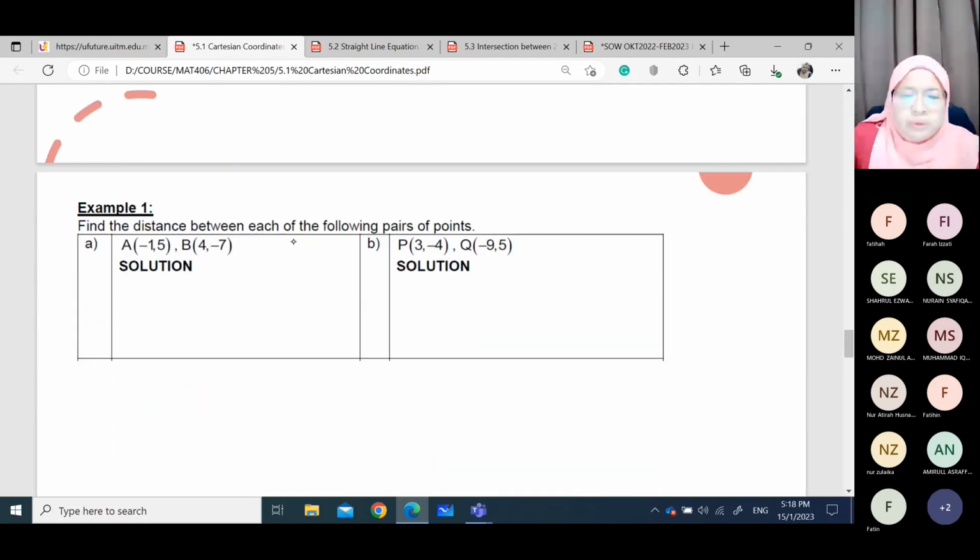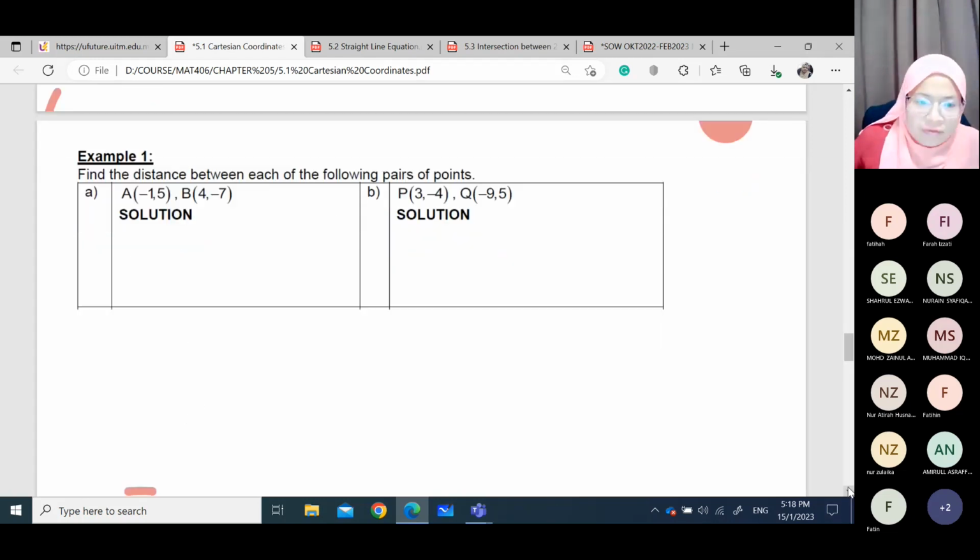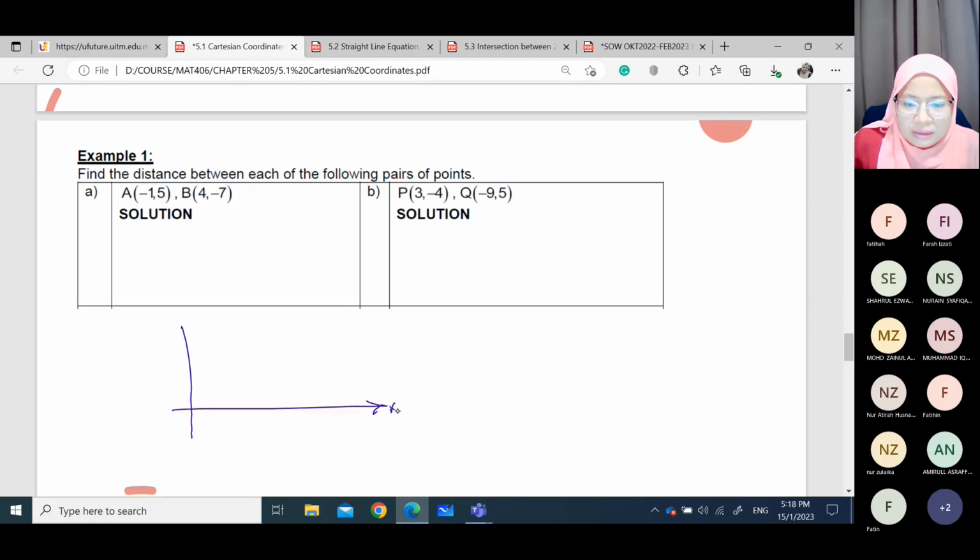Alright, so find the distance between each of the following pairs of points. Okay, so here we have a pair of points, point A and B. So kalau kita nak sketch graph, kita ada plane, this plane, x, y. So this one is x-axis, so y-axis. So point A is at x negative 1, katakan dekat sini negative 1 and y is a 5.